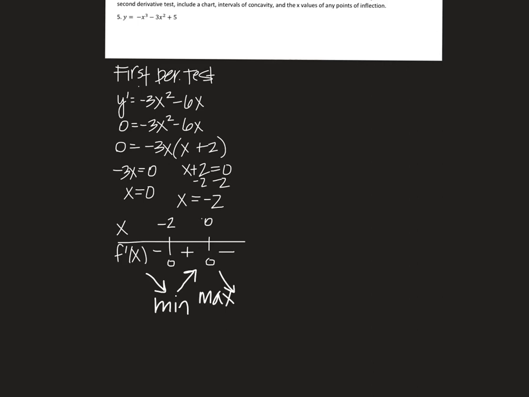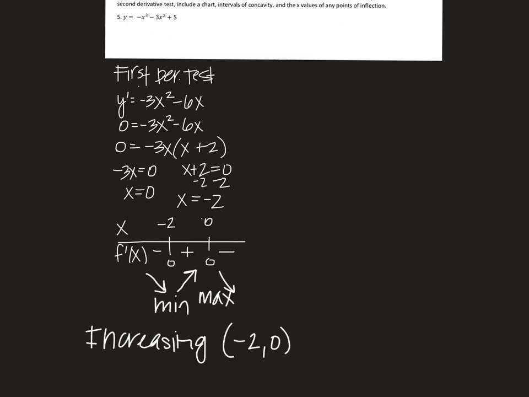The other things that we're looking for are the charts like we said. So this would be increasing from -2 to 0. Notice that this is an interval, not a point. It starts increasing at -2.